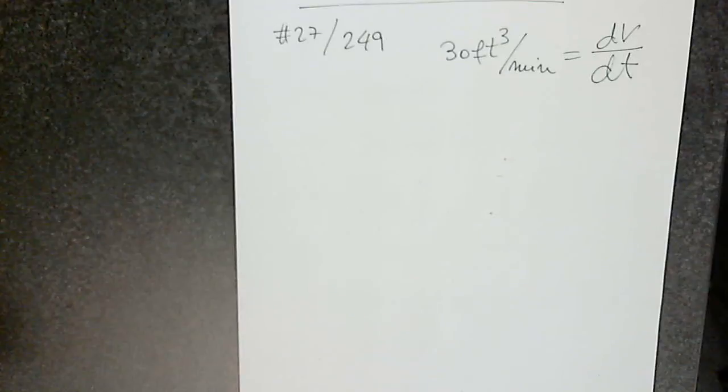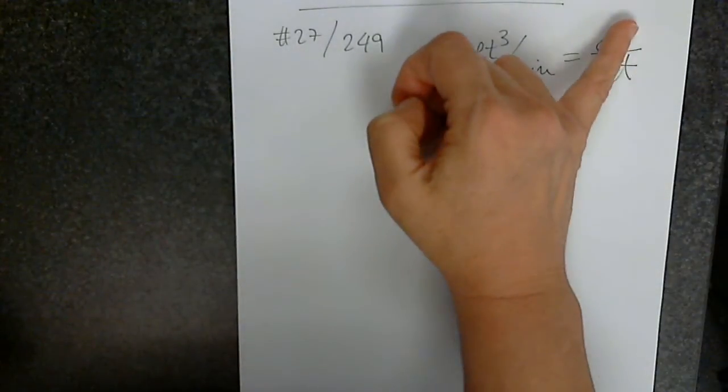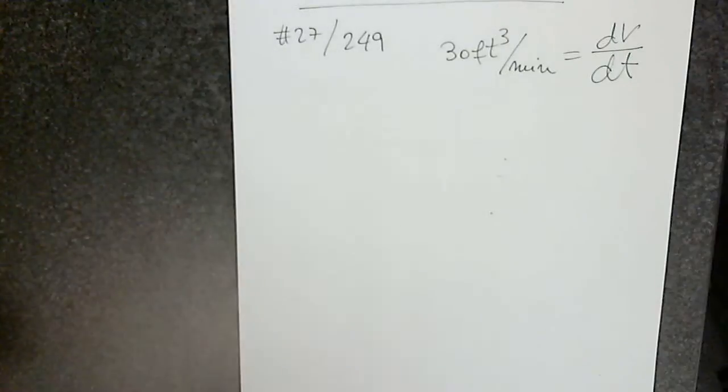Because the measurement unit is cubic feet per minute, and because I know that any rate of change or derivative for a particular real-life situation, not abstract, has a measurement unit for the top and a measurement unit for the bottom, when I'm given 30 cubic feet per minute, I know it's dV over dt. What if I were given 25 square feet per minute?